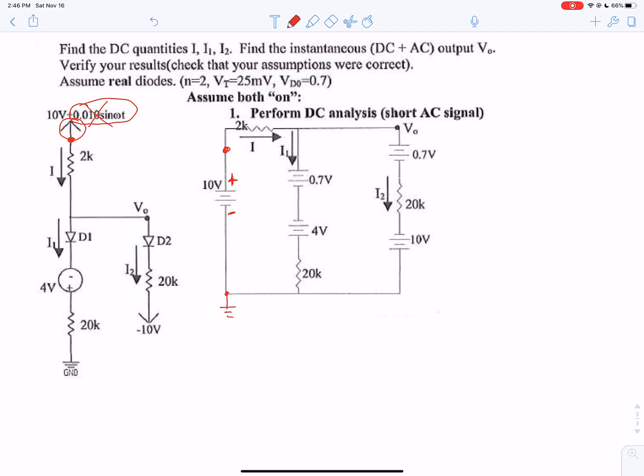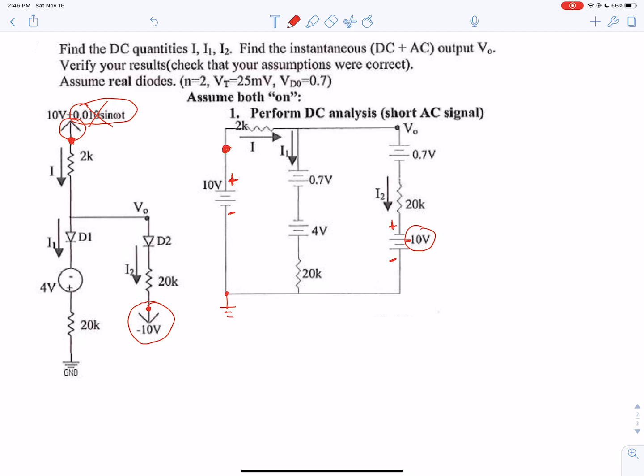The plus side is always connected at the same node as it is in the circuit, and then it goes to ground as an assumption. That's what you don't see in this circuit. For the negative one, again, wherever it's connected, it will be the positive to ground, and the value of it will be the value of the source. So in this case, it will be plus to ground with a negative 10 value in there.